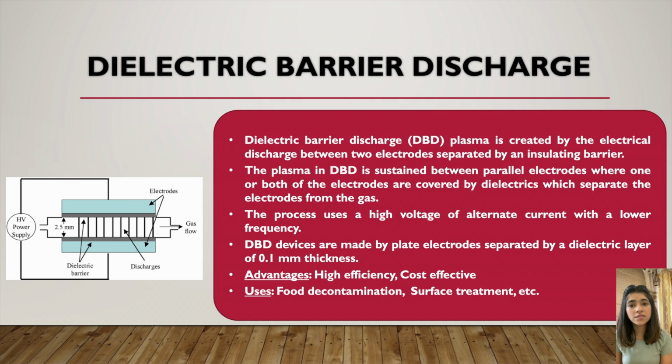This process uses a high voltage of alternating current with a lower frequency. Its advantages are that it is very efficient and cost effective. It is used in food decontamination, surface treatment, etc.